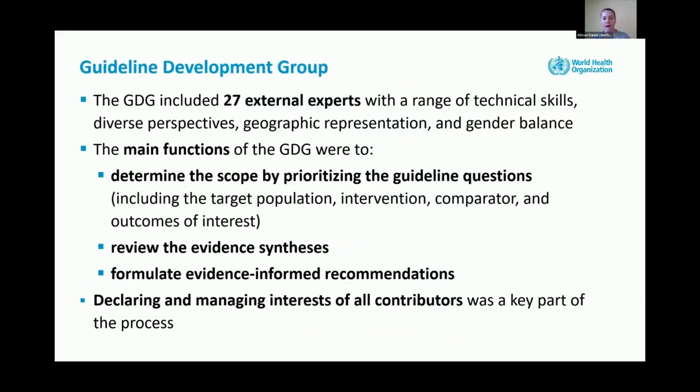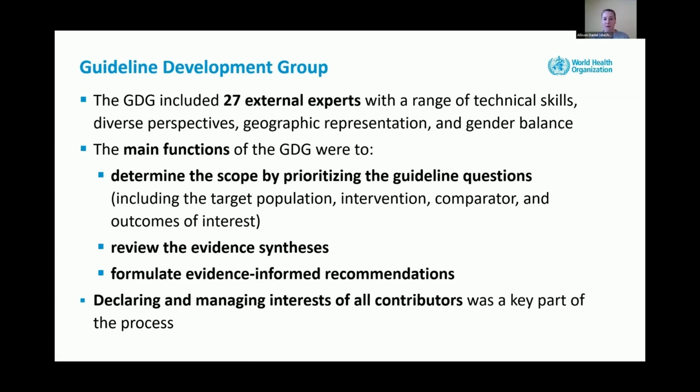Just some brief background about how this process was undertaken. We engaged a guideline development group, or GDG, of 27 external experts who had a range of technical skills, different perspectives, geographic representation, and gender balance. Their roles were, firstly, to determine the scope by prioritizing guideline questions.